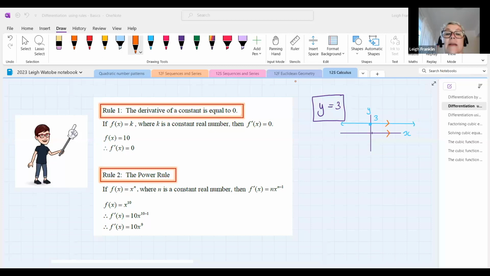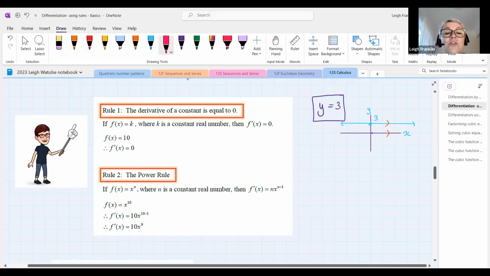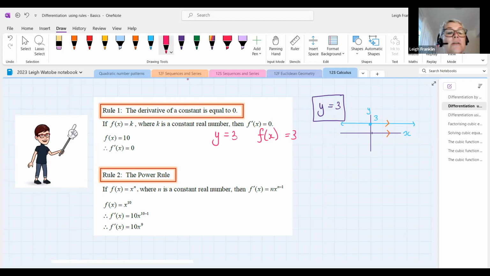Okay, so remember, gradient means walking uphill or walking downhill. It would be 0. So the gradient of any horizontal line would be 0. So if we have got a function like y equals 3 or f of x equals 3, and they ask us to take the derivative, we would state that f prime x would be equal to 0 because the gradient of any horizontal line is 0.